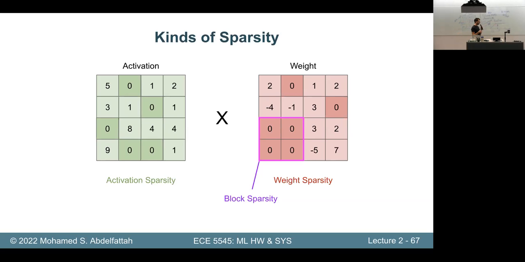So they operate on large chunks of data at any given time. We saw that the TPU operates on 256 by 256 chunks. So if my block is smaller than that, then I can't easily take advantage of the sparsity. For tensor cores, it's 16 by 16 chunks. And in this case, I need my block of zeros to be that big in order to leverage sparsity in a very simple way.